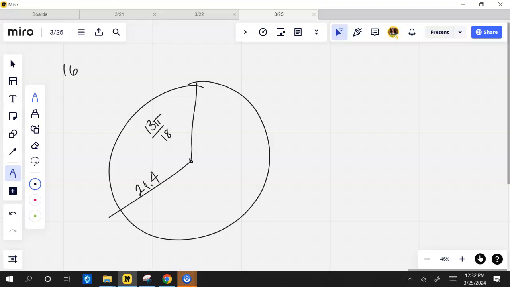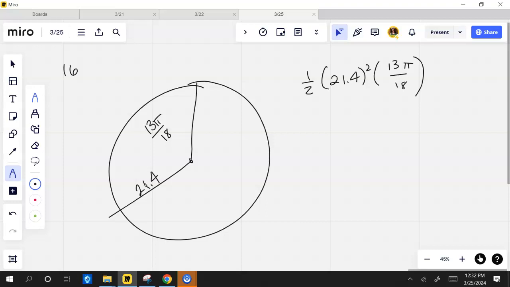All right. Area of the sector. So I'm gonna do 1/2 radius squared times theta. Write it like what? Doesn't matter.